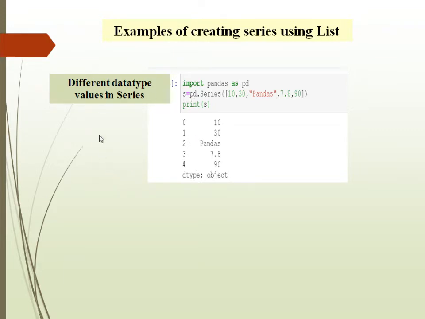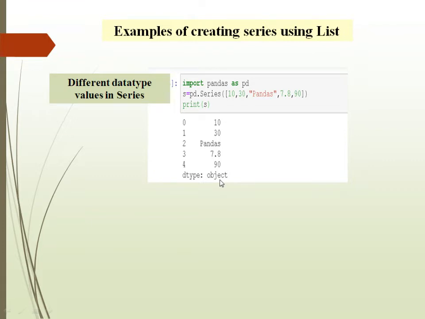The important thing which you have to see here is the index number again and the values, the actual data. But see, the data type is object. So when we have heterogeneous values, then it will give object as the data type. But if we have homogeneous values, then it will give the actual data type.